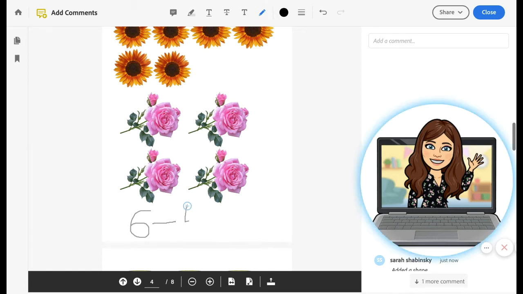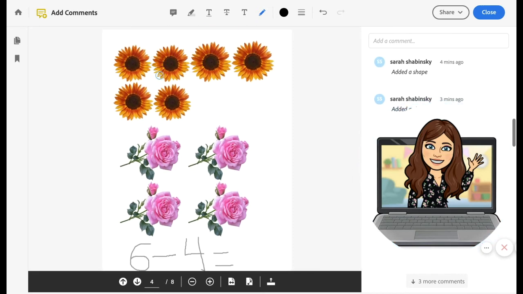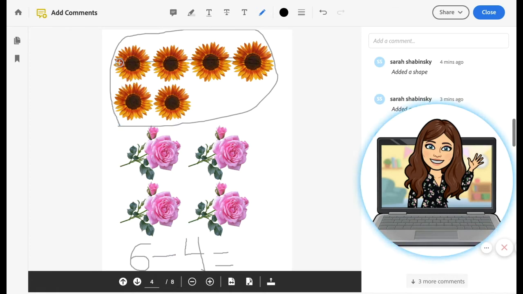That's right, friends. Good job. There are 4 pink roses, and that is equal to, well, Keeble Cubs, let's figure it out. If I take the 6 that are right here, which is the total number, and I cross out 4, because I know we're separating 4 from the total number, so these don't exist.